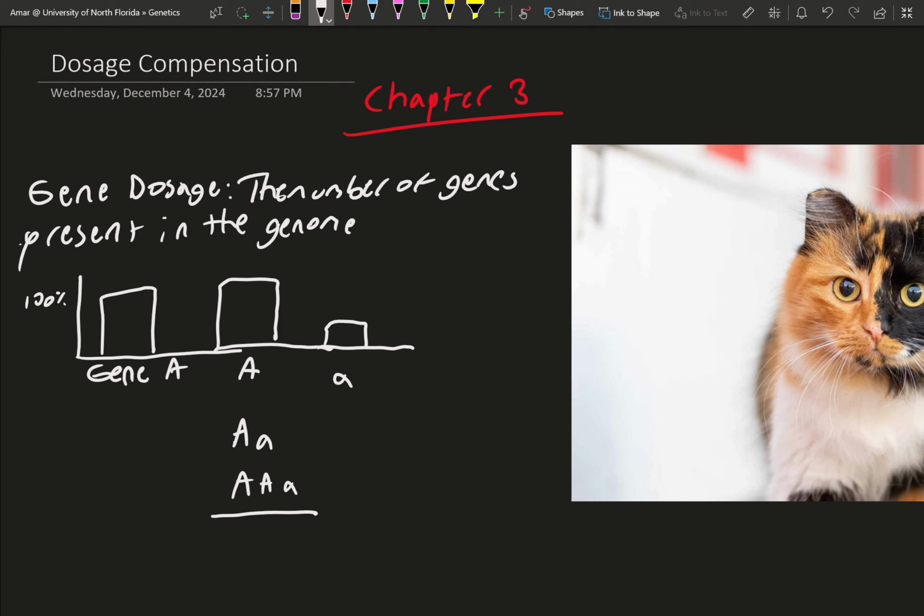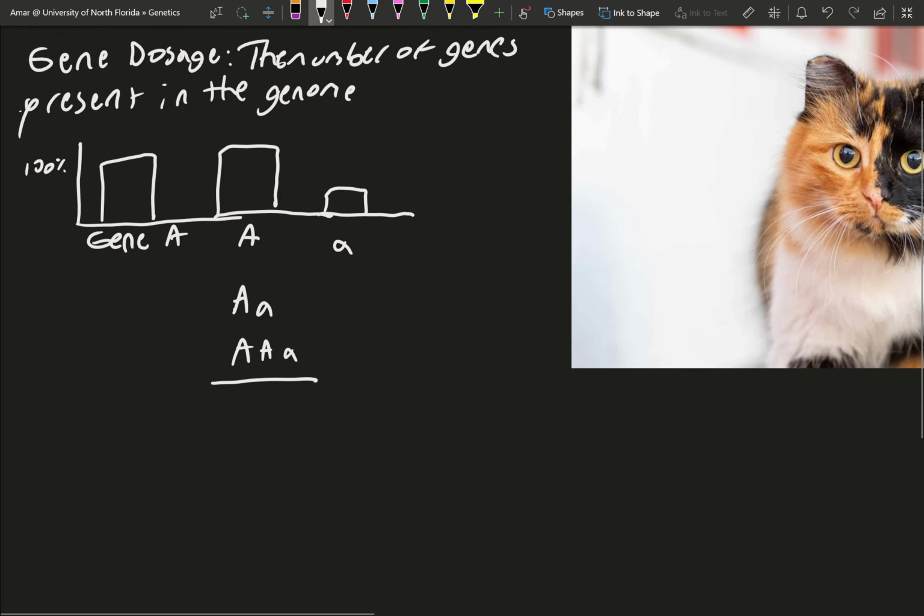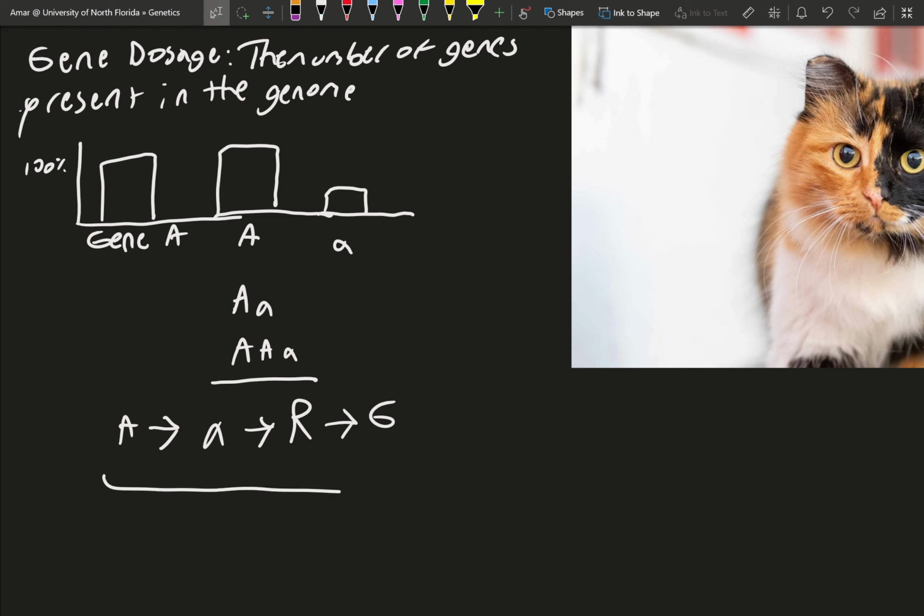The reason why this is important: let's assume that gene A is involved in a very complicated pathway of interaction with so many different other genes, like R, like G. Most of these individuals have a diploid amount of the same gene, so 2 copies. These 2 copies will not change that much of the pathway. But let's say you increase the amount of each particular gene.